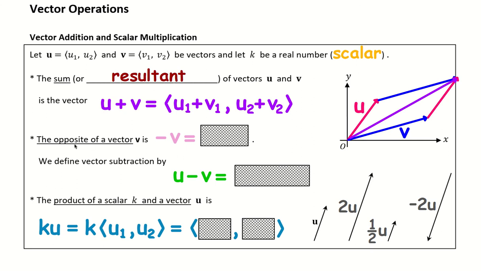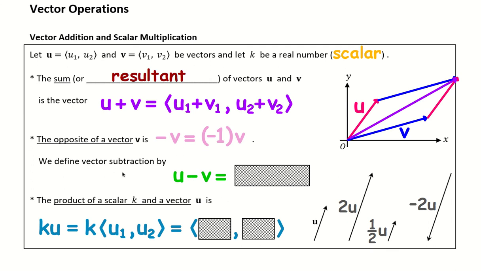The opposite of a vector v is just literally negative v, or -1 times the vector, which we'll look at. I think it'll all come full circle down here. Multiplying -1 to a vector is going to be exactly what you might expect.